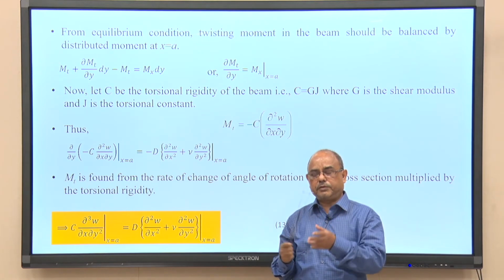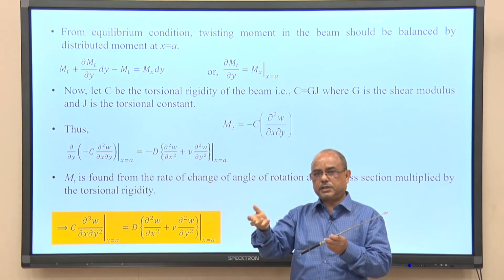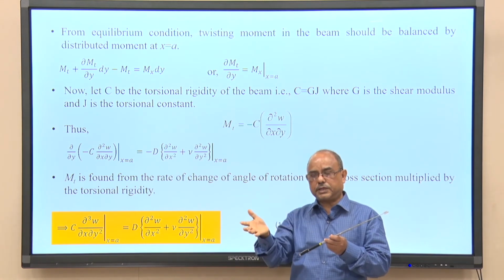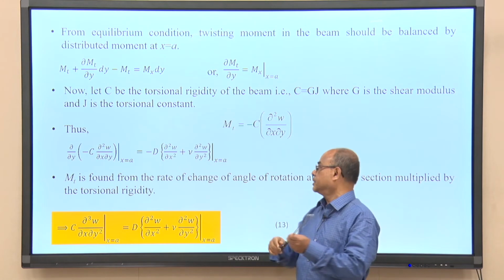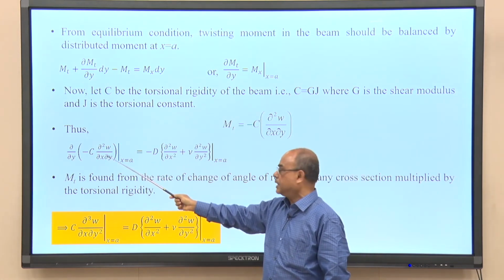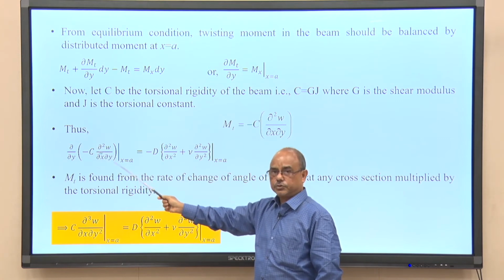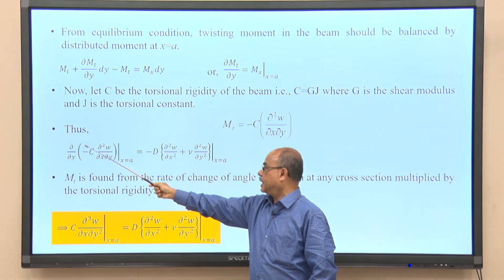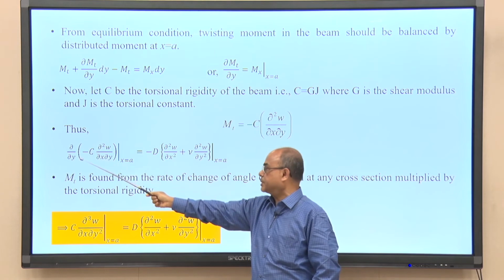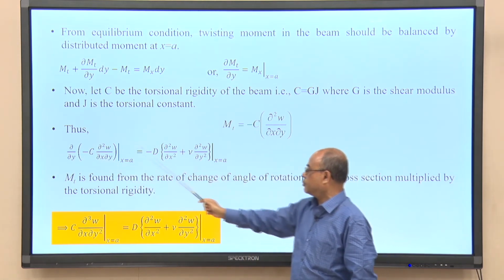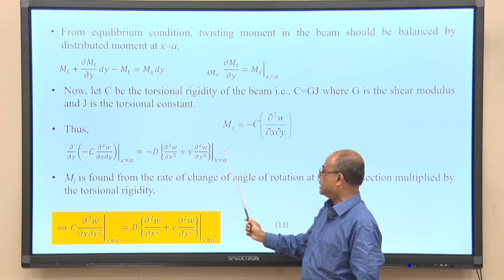If we know the rate of twist, the rate of twist multiplied by the torsional rigidity is your torsional moment. The rate of twist is nothing but del square W del x del y, and it is multiplied by the torsional rigidity C, which is equal to G j, where G is the shear modulus of elasticity. Its derivative is taken with respect to y, and it is equated to the bending moment at x equal to a. So, both quantities are evaluated at x equal to a.